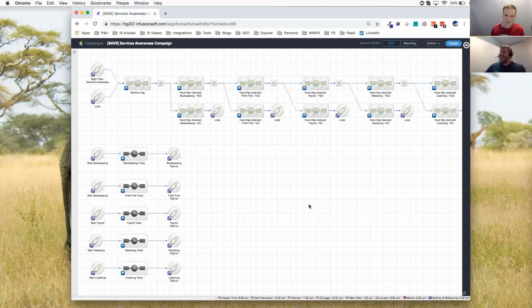Yeah. And again, I want to make the point that you don't have to have these separate. If the answer to this question was no, I could deliver the content here and then just go back to the decision diamond and keep delivering content or skipping as appropriate. And that will work just fine if this is all you're trying to accomplish.